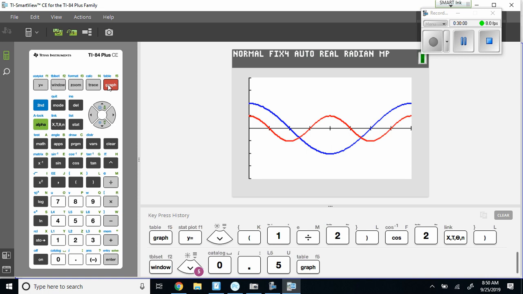You got 1/2, 1/2 cosine. That's your problem. Okay, did it look right here?